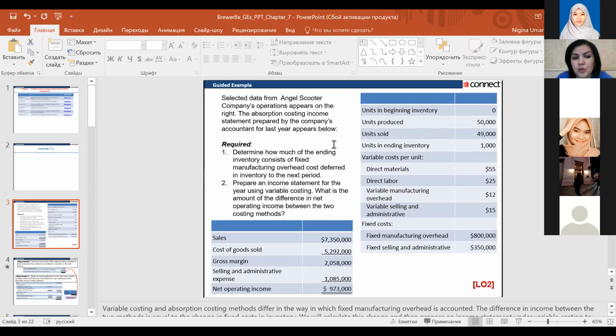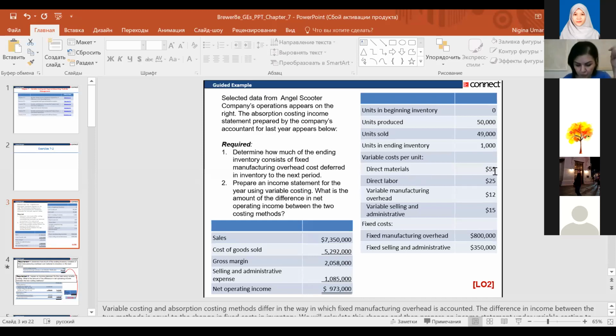Cost of goods sold. Let's calculate cost of goods sold on the variable costing. So which costs will be included into each unit of the product produced? So what do you think? Which costs should I include? And the variable cost per unit into each unit. Direct material.